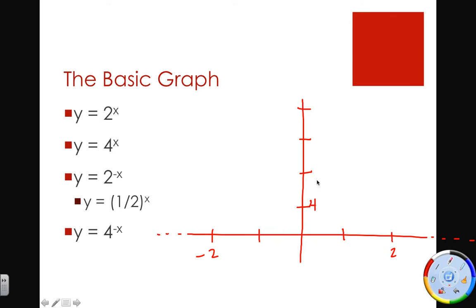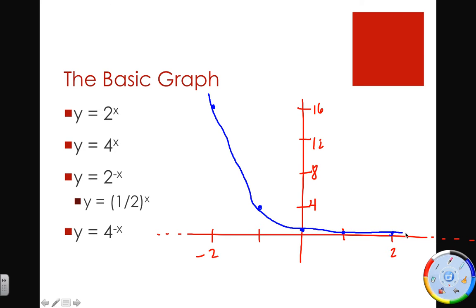I'm going to use my same numbers as I did before, because it seems like I should, right? And then if I plug in a 0, I get 1. If I plug in a 1, I get the reciprocal, 1/4, then 1/16 over here. And then backwards, negative 1 will actually get me the 4, and negative 2 will actually get me the 16. And sure enough, we get this decay model again.